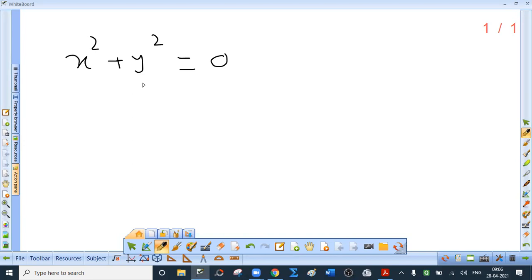Example I have already given. But if I say that a homogeneous equation of second degree in x and y in general represents pair of lines through origin, yes, this statement is correct because I'm saying in general.